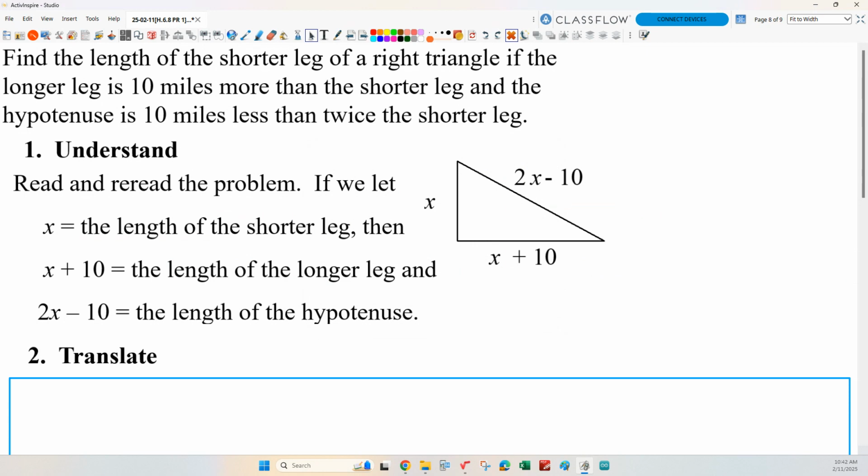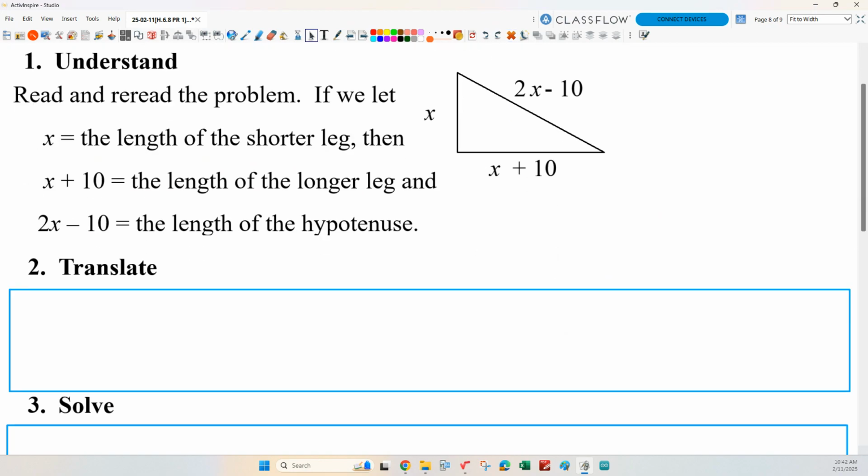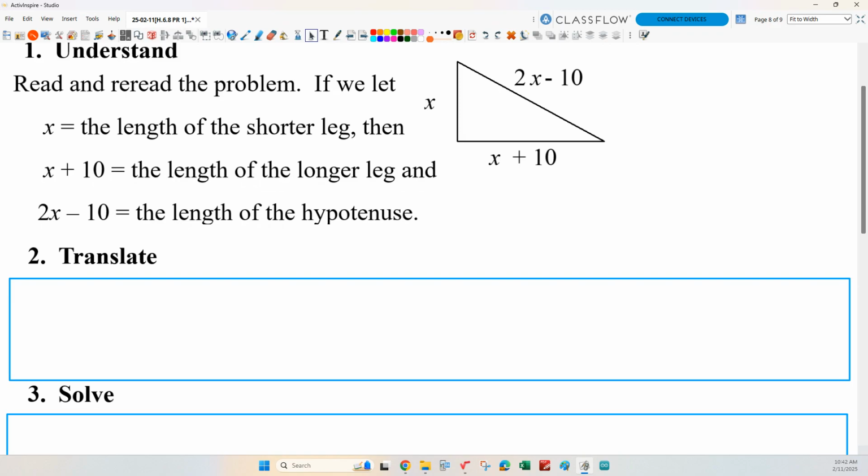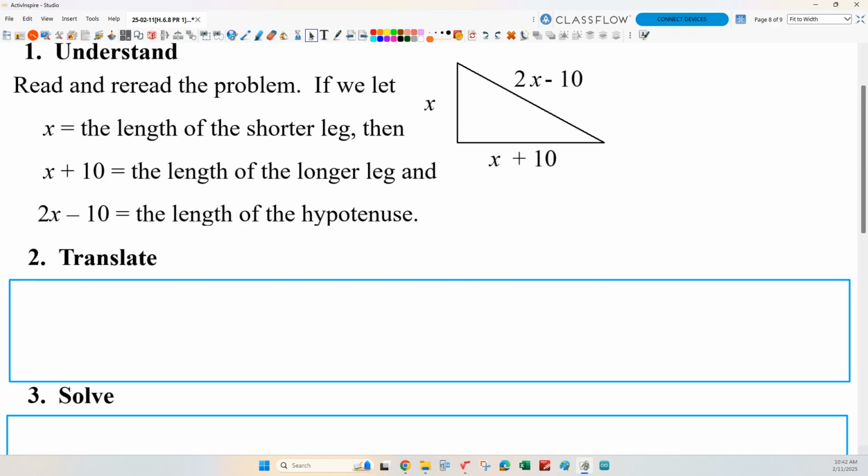That's what I would want to draw a picture of. Pictures are great. If you have a geometry problem, you always try to write out a picture including the variables. So there they are. Okay, so we got our triangle in terms of x, all the sides written in terms of x. What can I do with that now? x squared plus x plus 10 squared equals 2x minus 10 squared.